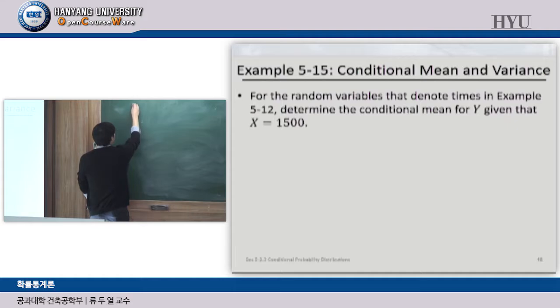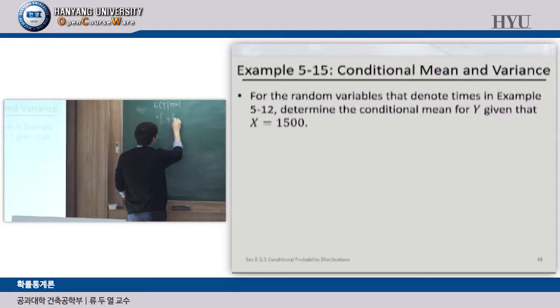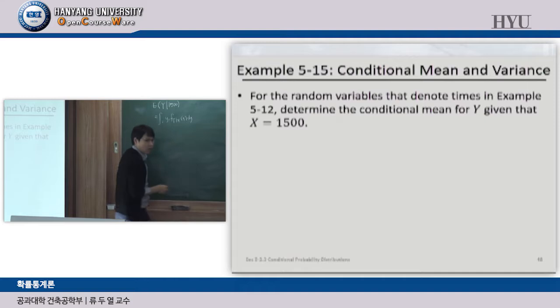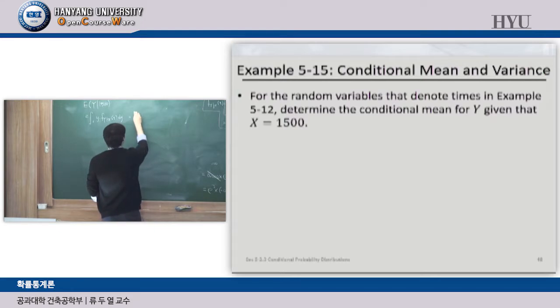And for this question, we need to calculate E(Y|1500), right? And this should be equal to the integration of y multiplied by the conditional probability density function of y given x, dy. And what is this? That is equal to the integration from where? From x, right?